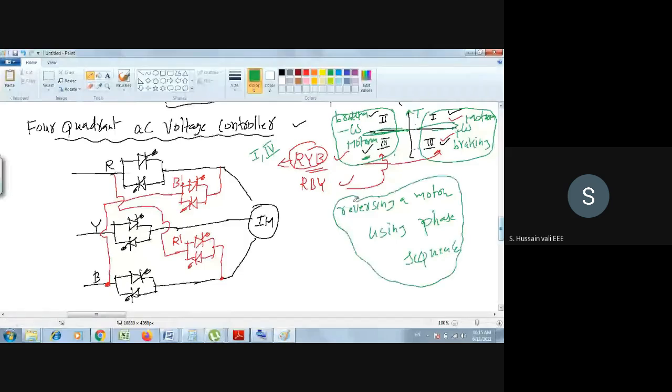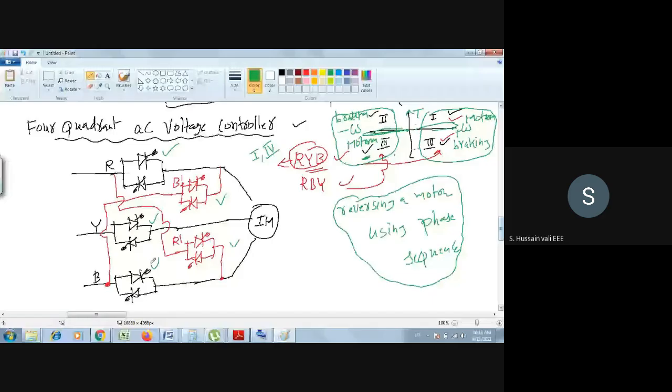So how do you achieve that? It is a simple thing that you see here. You have the thyristors here. When you want to operate in 1 and 4, you go for this black color, this one and this one. These three sets of thyristors operate.